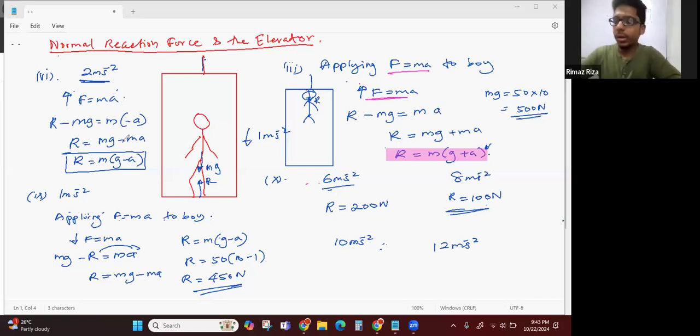Okay, so do you understand this elevator thing? Yes, sir. If you have any questions, you can ask. By the way, are you practicing any questions related to these lessons, like units, dimensions, and motion? Yes, sir, I did those books on kinematics.